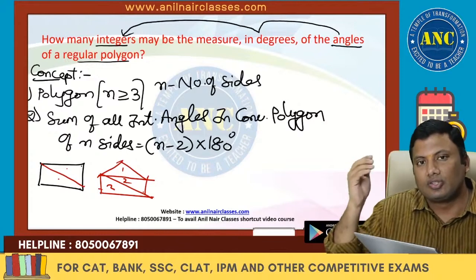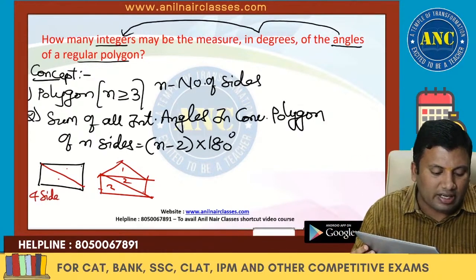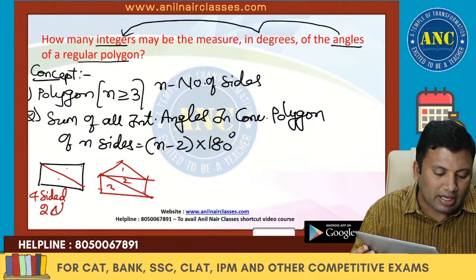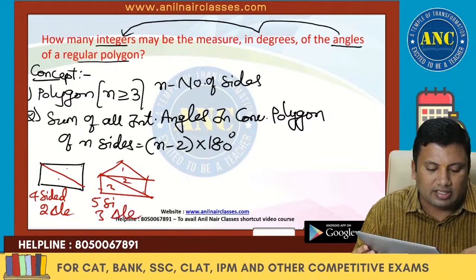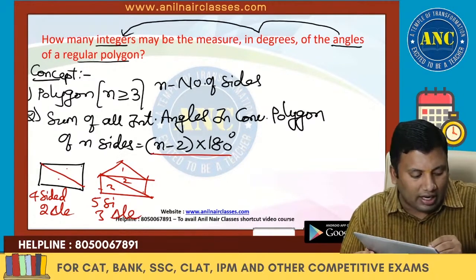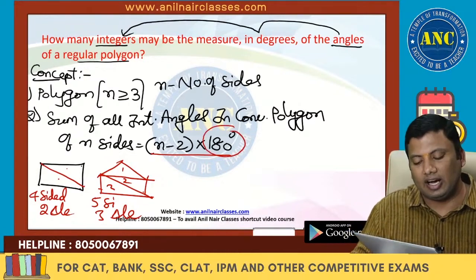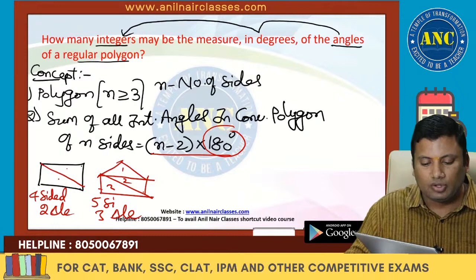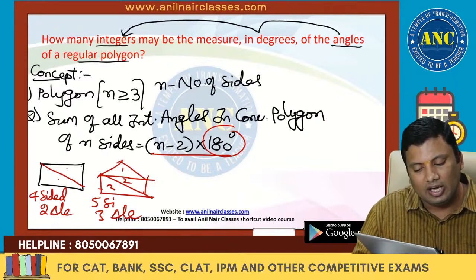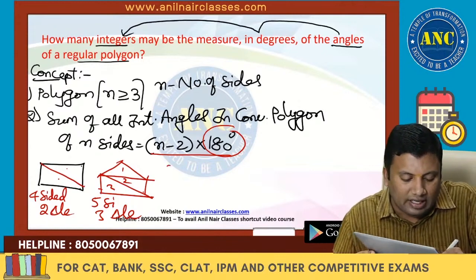So a 4-sided figure gives 2 triangles, a 5-sided figure gives 3 triangles, and an n-sided figure gives n minus 2 triangles. The sum of the 3 angles in a triangle is 180. So the sum of all interior angles in a convex polygon is n minus 2 into 180 degrees.